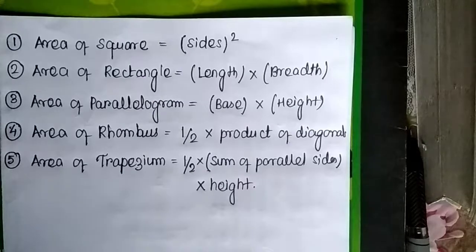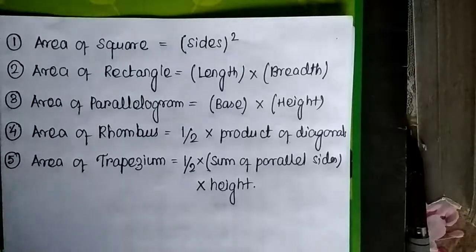Starting from the first. So students, as we all know, area of a square is equal to side square, and one thing you have to learn is that perimeter always has a unit, say suppose meter, centimeter, kilometer.